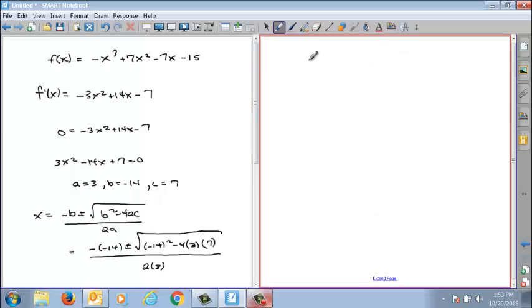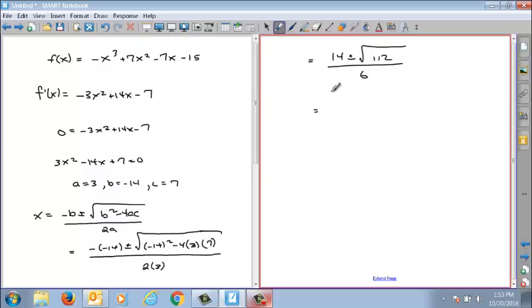So we'll get 14, negative times negative is positive, plus or minus the square root of something, which is going to be 14 squared minus 4 times 3 times 7, which is 112, all divided by 6.